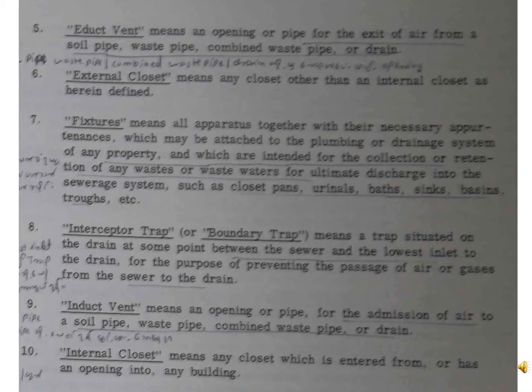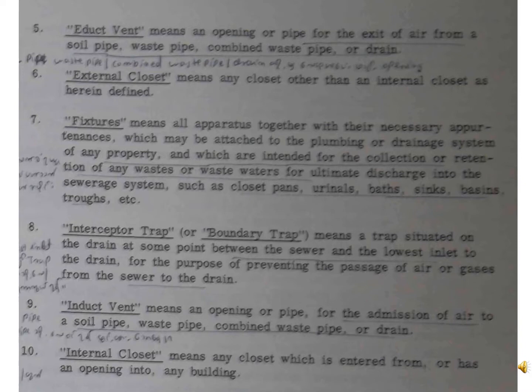Interceptor trap or the boundary trap means a trap situated on the drain at some point between the sewer and the lowest inlet to the drain, for the purpose of preventing the passage of air or gases from the sewer to the drain. The air or gases coming from the sewer have a very bad smell, and if they mix into the drain, the drain will also be contaminated.